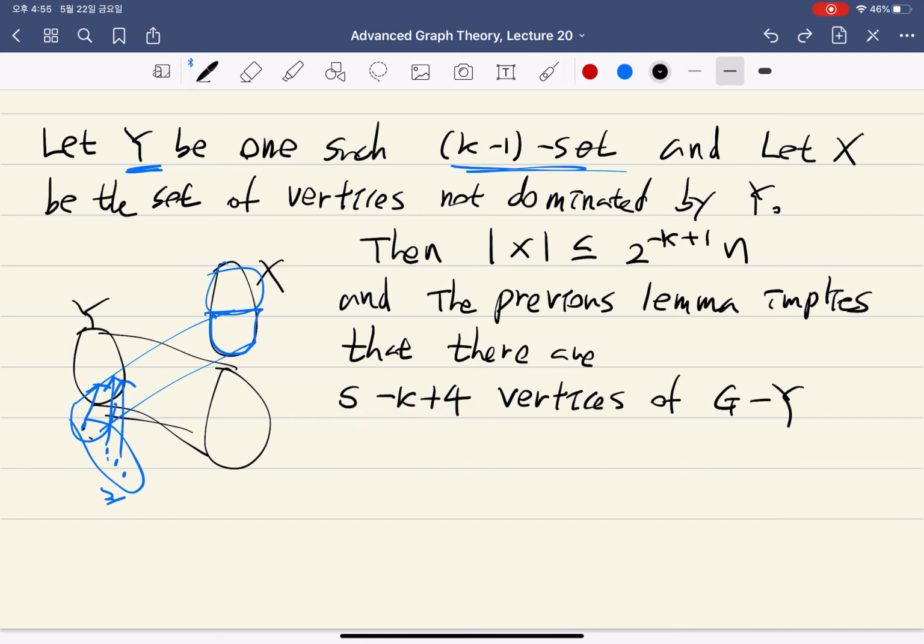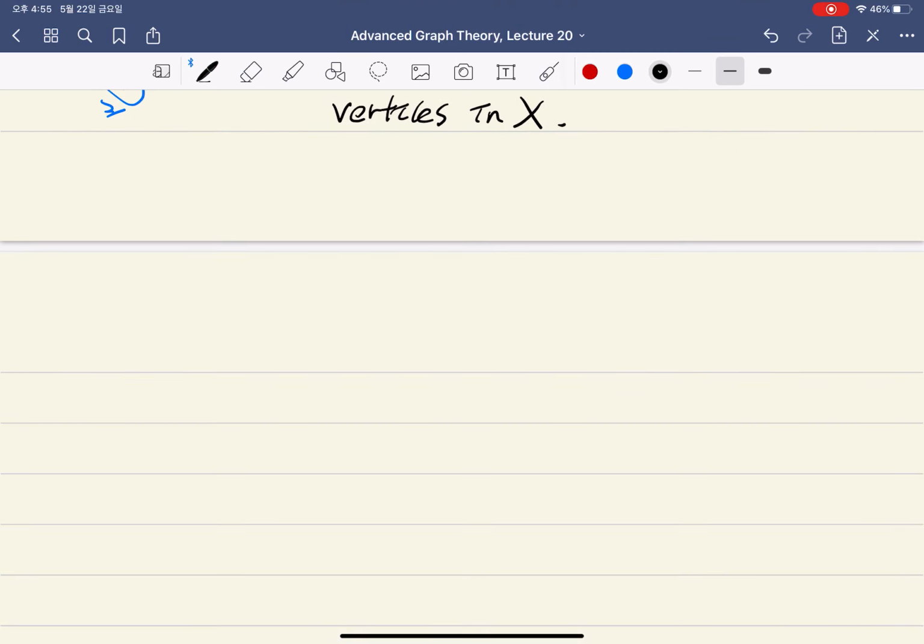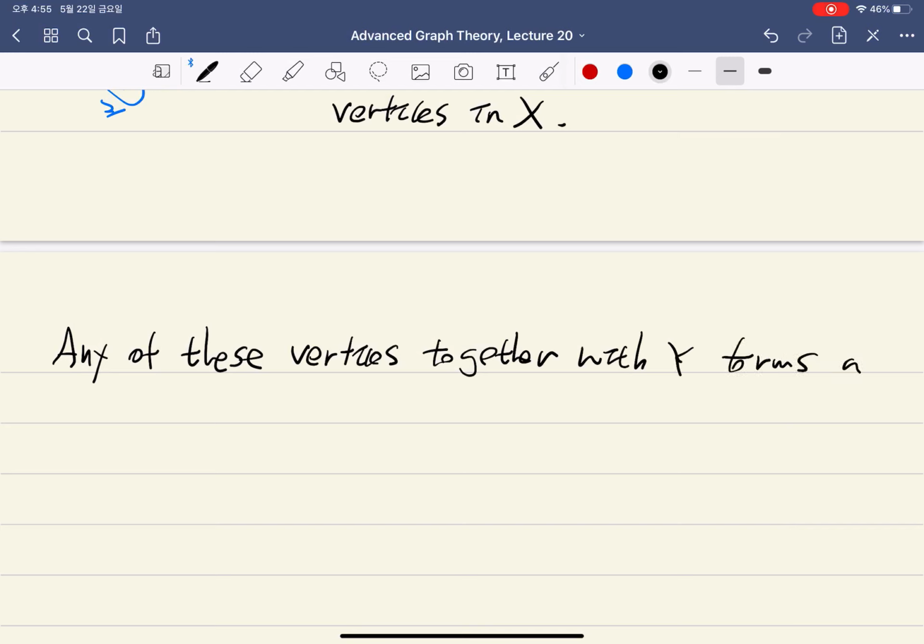So we get this many vertices of G minus Y dominating at least half of the vertices in X. So adding any of these vertices to Y forms a desired subset of size k.